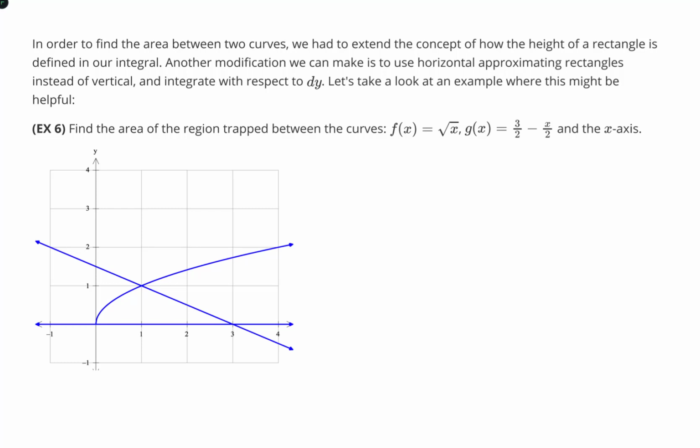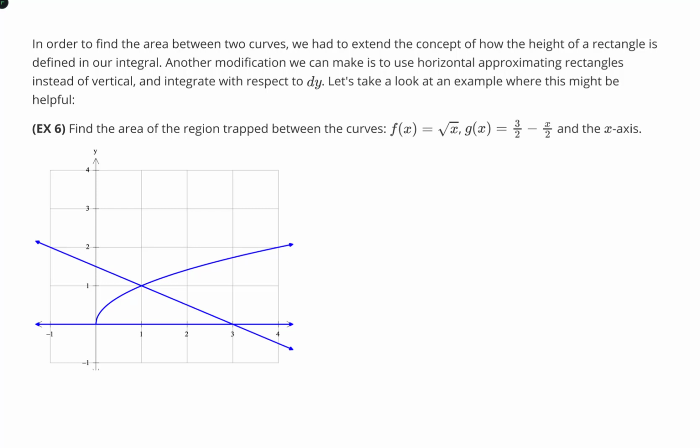So here we have an example where we want to find the area of the region trapped between the curves f of x equals the square root of x, g of x equals 3/2 minus x over 2, and the x-axis.